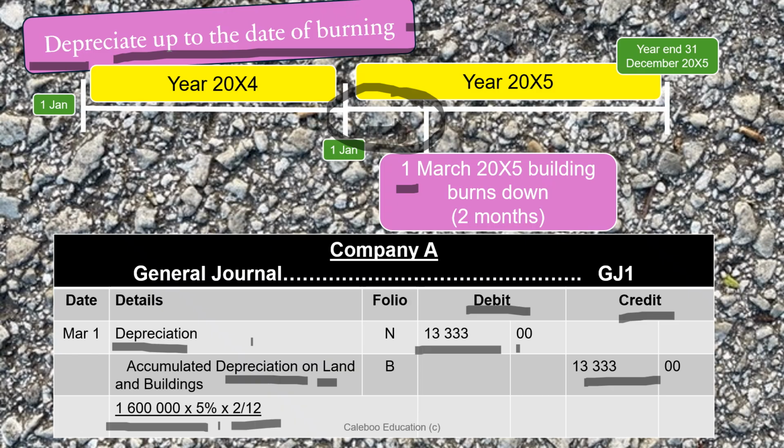So we depreciate up until the 1st of March, and in the new year, it was only 2 months. The previous year's depreciation has been done. Now we're in this current year. So we depreciate up until the date of the burning, or the date of the sale if we were selling this item.